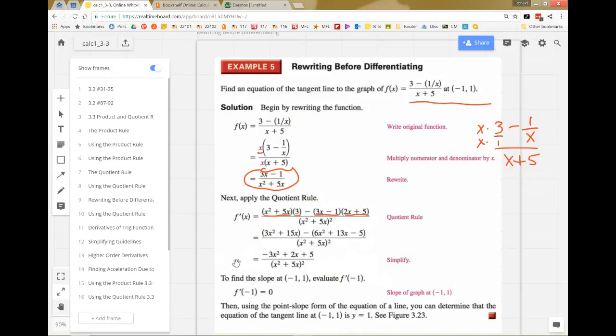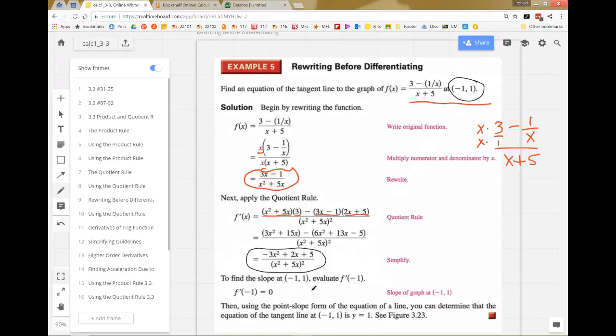So anyway, I got the derivative right down here. That's this thing right here. There's your derivative. Now, the final part of the problem was, can you find the equation of the tangent line at this point up here at the top, negative 1, 1? So what you've got here is f prime.